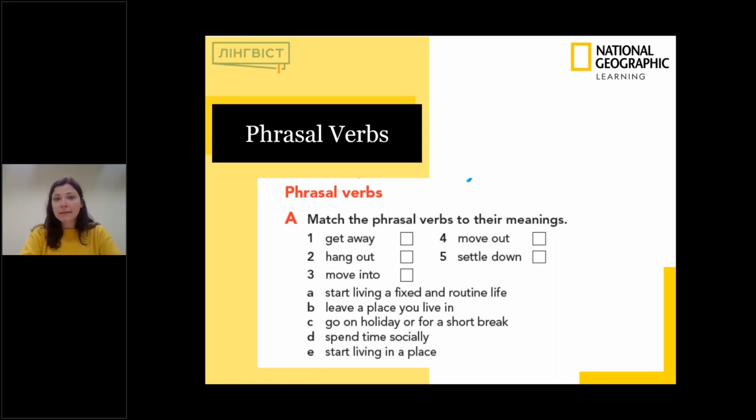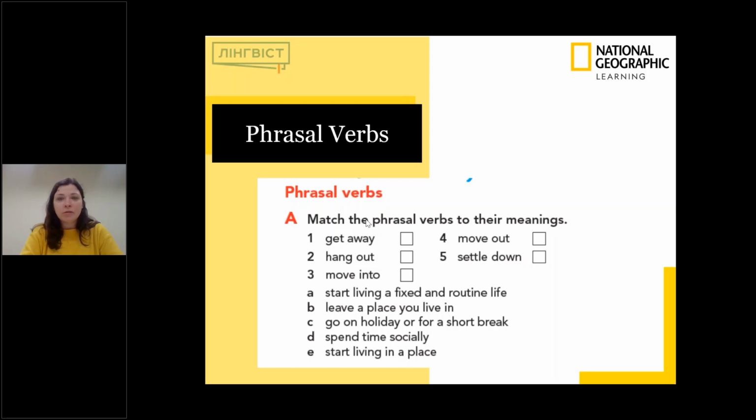So I guess that for you, all these phrasal verbs are familiar, right? Like C, D, E, B, A. Wonderful. So get away: go on a holiday or for a short break.